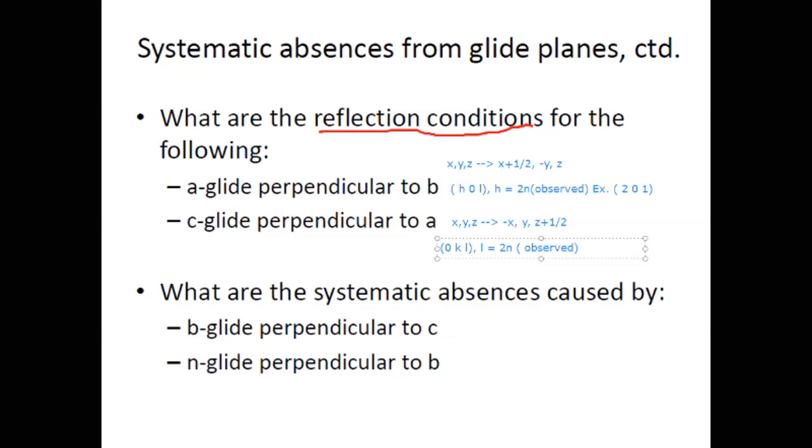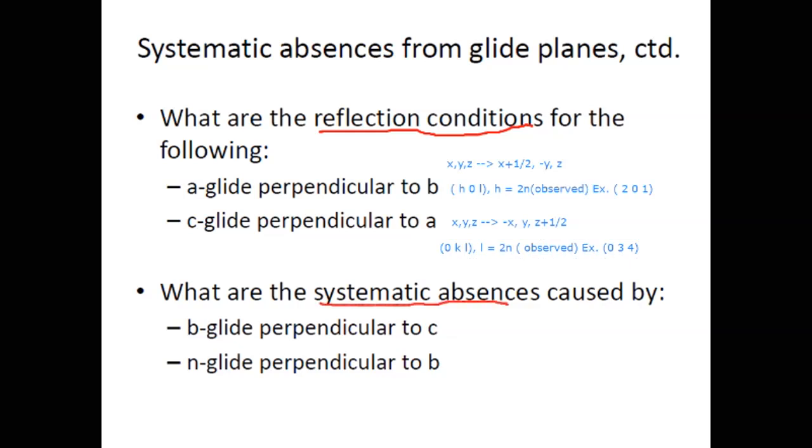So if all the even L, 0KL reflections are observed, this tells you that you have a C glide perpendicular to A. For example, the 0,3,4 reflection would be an example of an even L, and if that's observed with all the other even L's for the 0KL, then you would have a C glide perpendicular to A. So when it's talking about reflection conditions, you're looking at the even of those indices that have to meet the criteria.